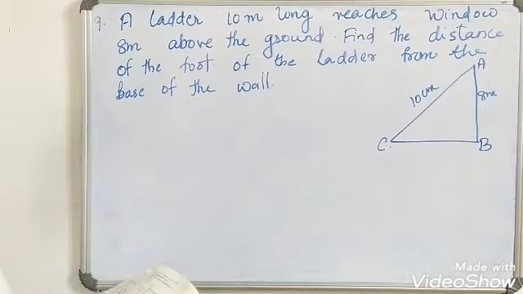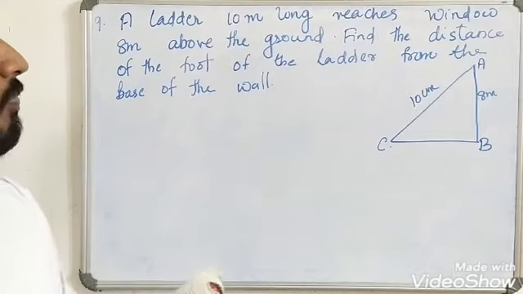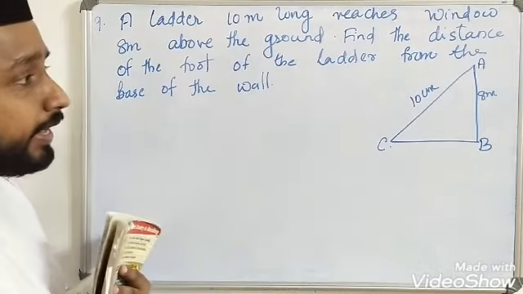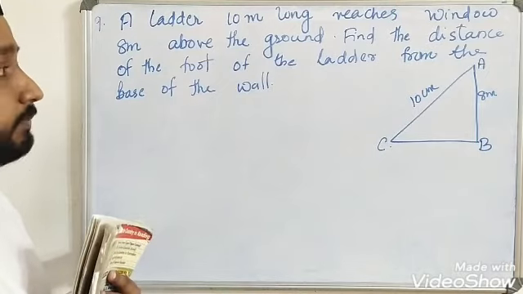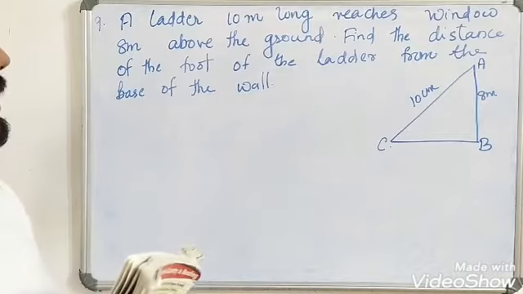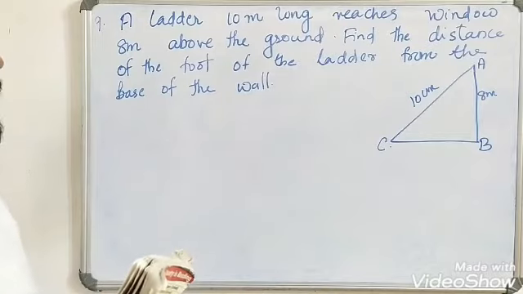The question: a ladder 10 meter long reaches a window 8 meter above the ground. Find the distance of the foot of the ladder from the base of the wall. So we have a wall. The height of the wall is 8 meter. A ladder 10 meter long reaches the window, 8 meter above the ground.